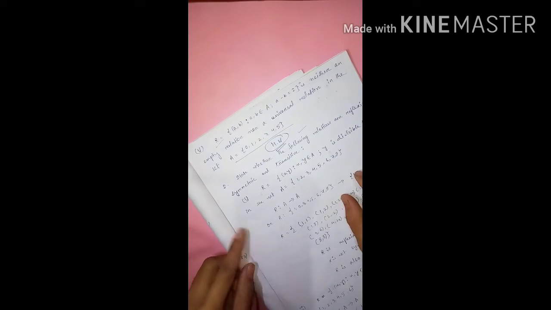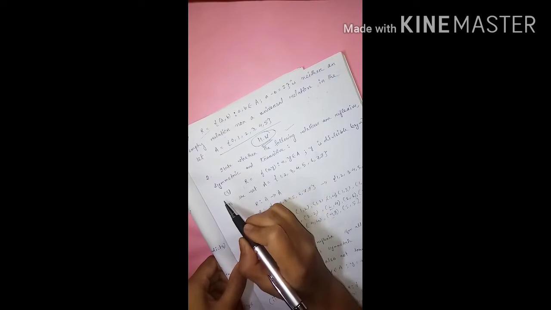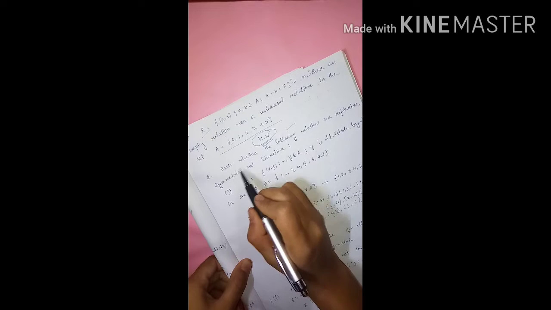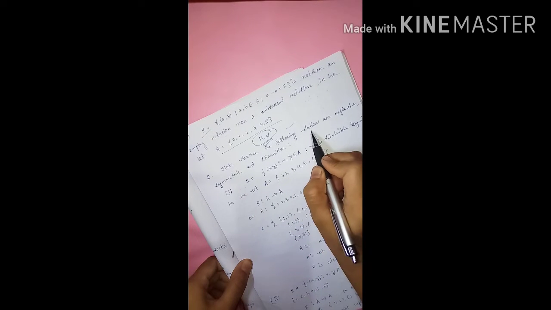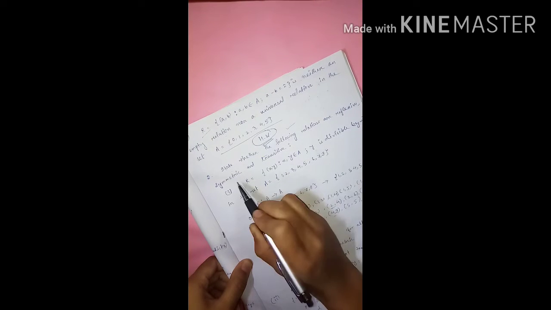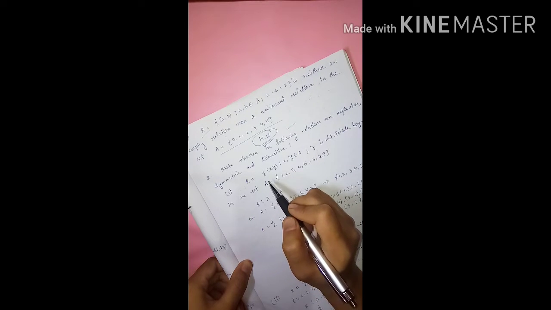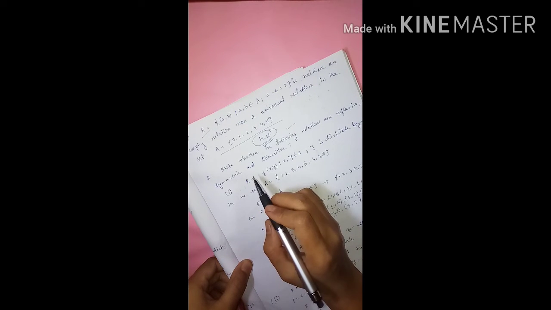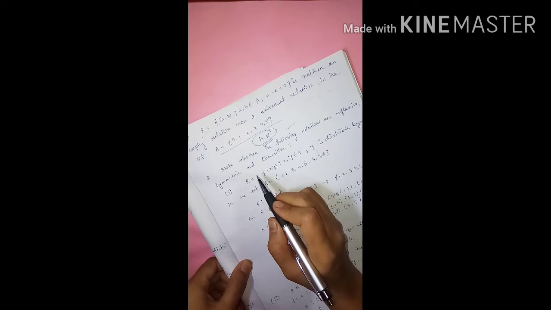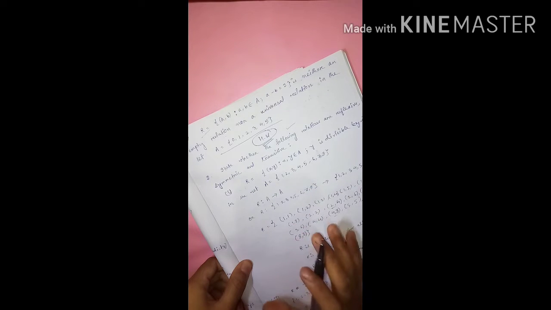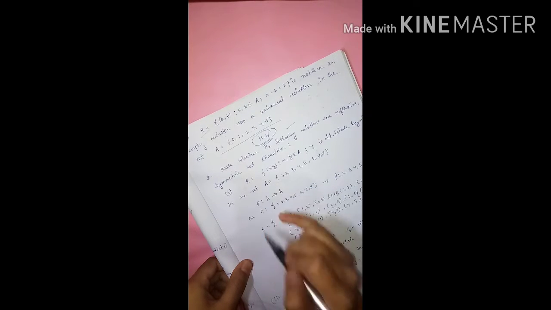So second question. Question number 2. State whether the following relations are reflexive, symmetric, and transitive. So in the second question, we are given some relations.